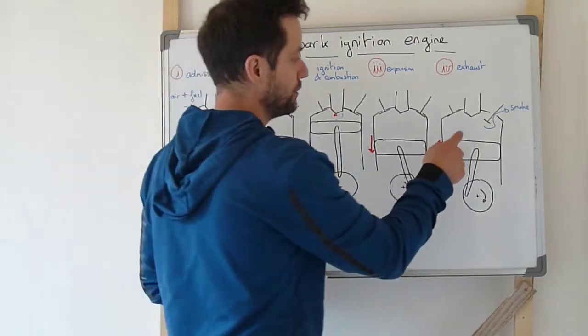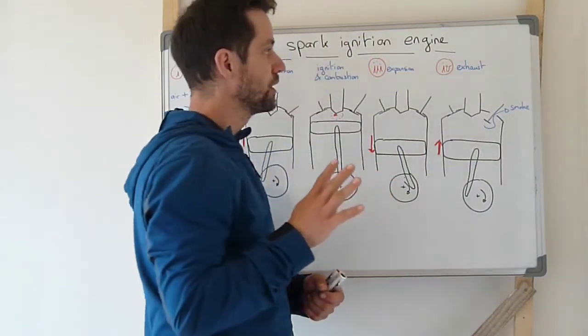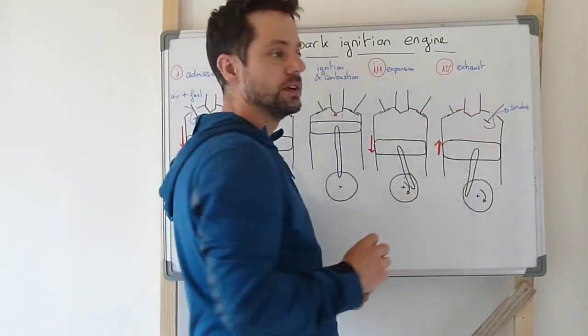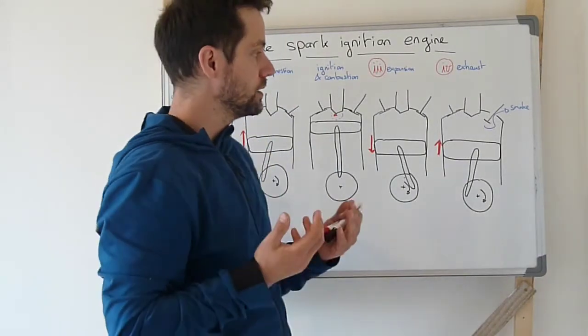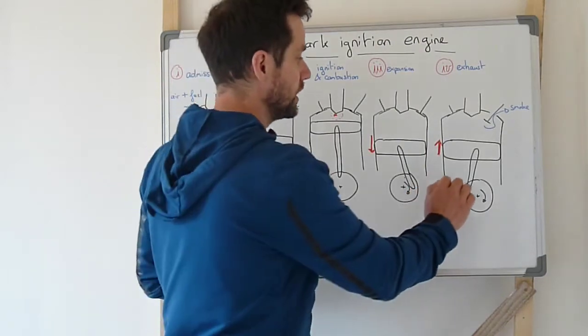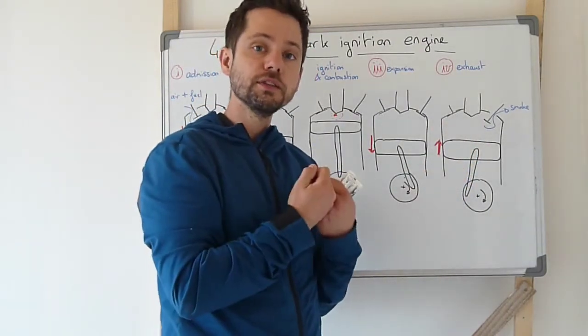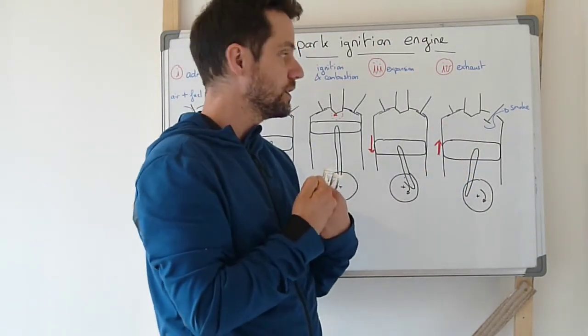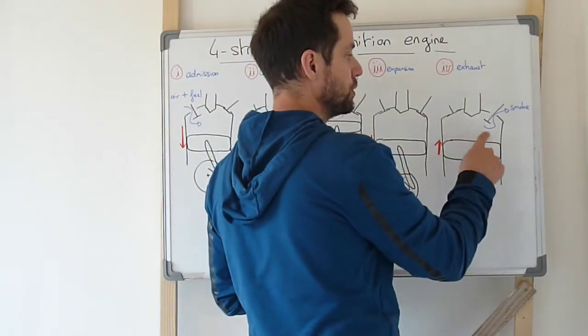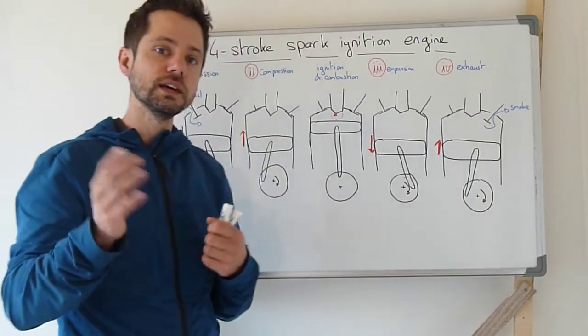We then have the fourth stroke, for which the piston is going up, so it's creating a slight volumetric compression, and so it's increasing the pressure a little bit inside the cylinder. That will cause most of the smoke to go out to the exhaust line.